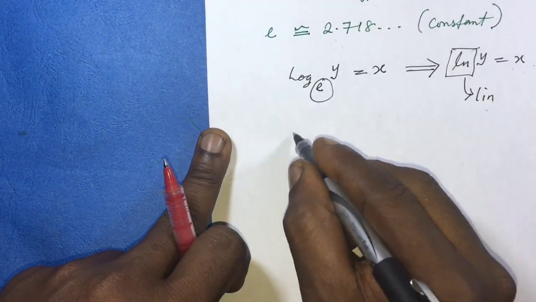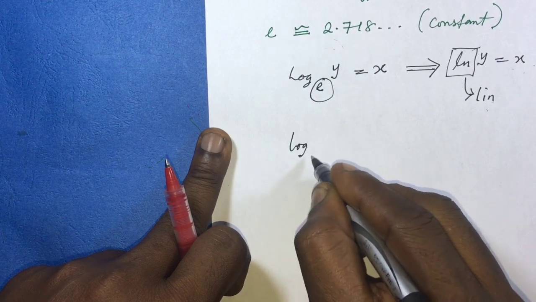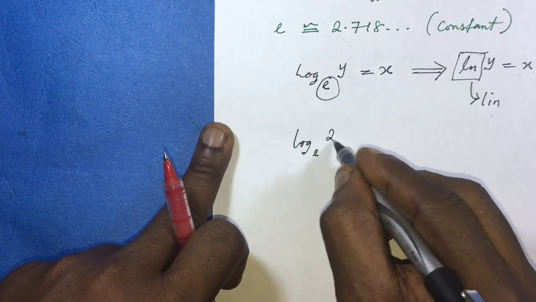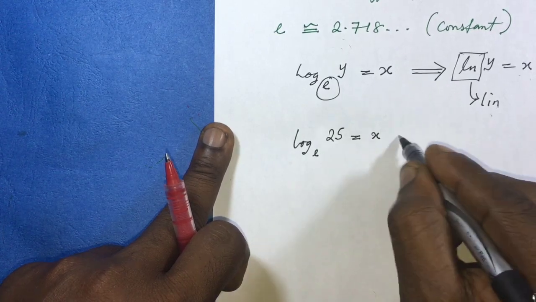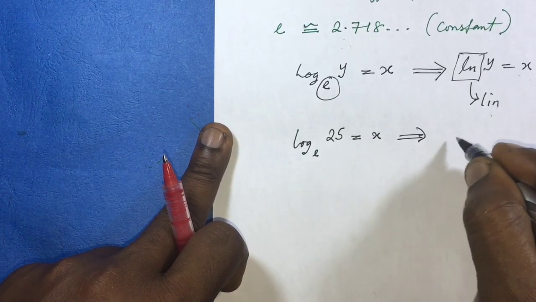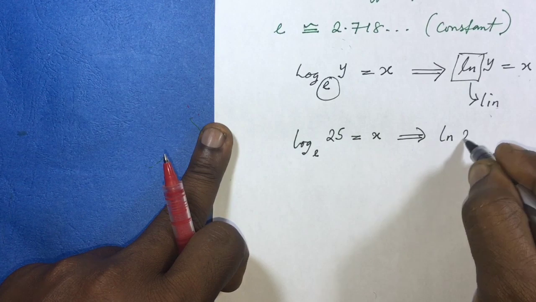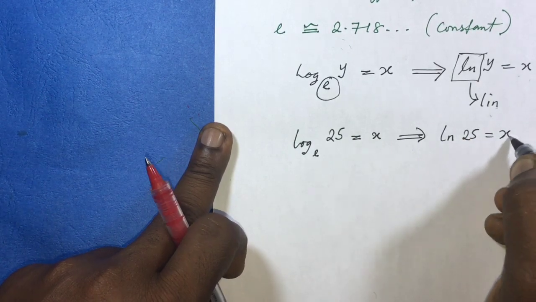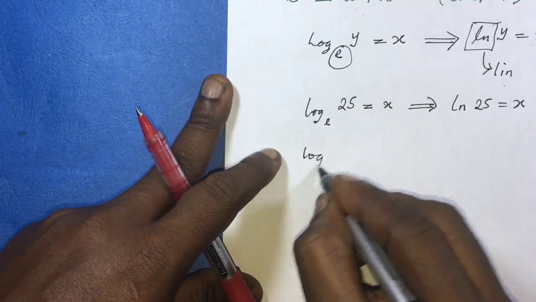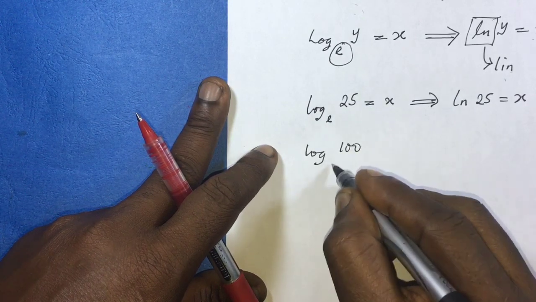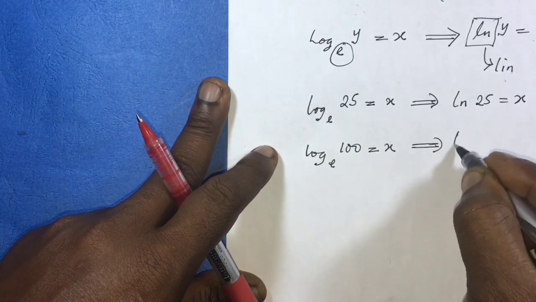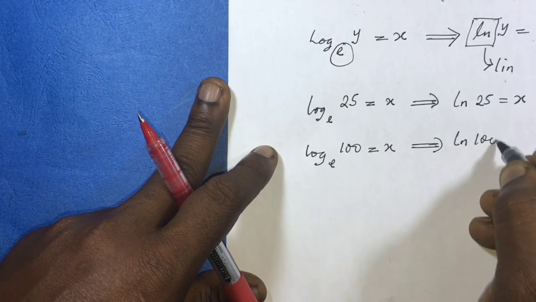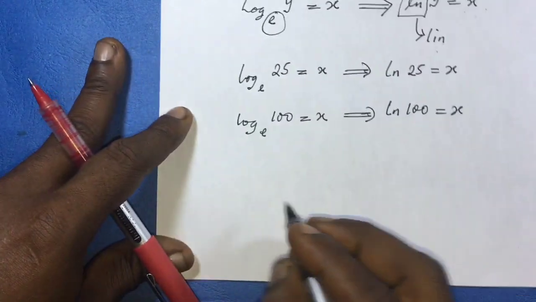So let's see how we read this. Log 25 to base e equals x is equivalent to writing ln 25 equals x. Log 100 in base e equals x is equivalent to writing ln 100 equals x.